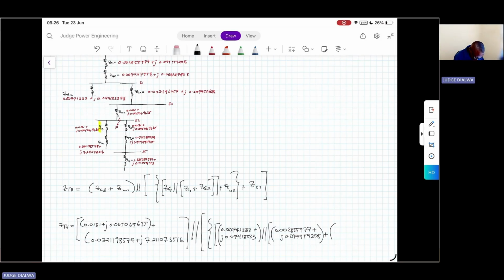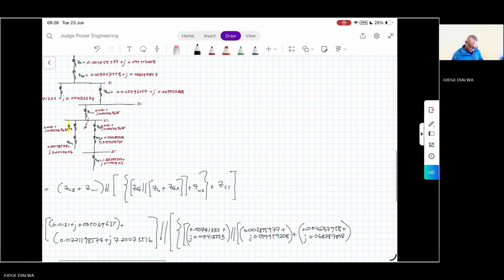So this with the impedance of our generator transformer, that is 0.004267958 plus j 0.068287808. Then, so we are done with this.